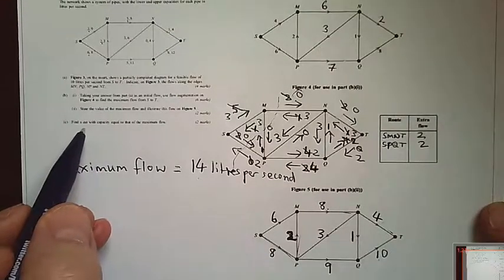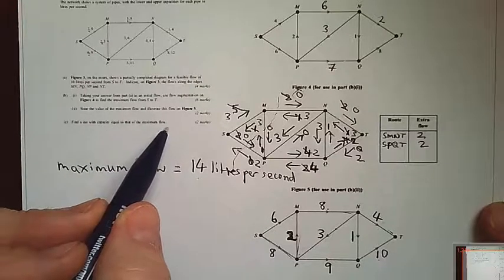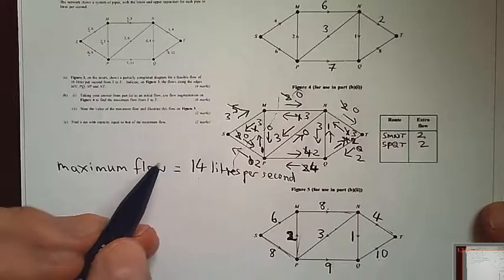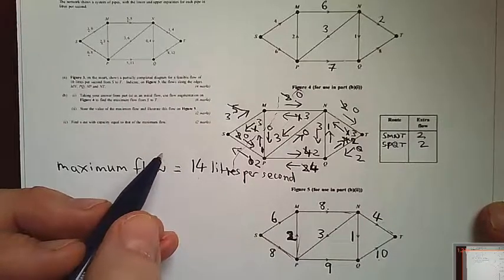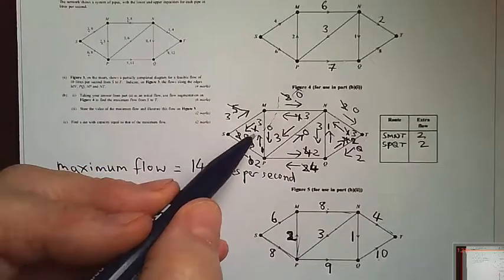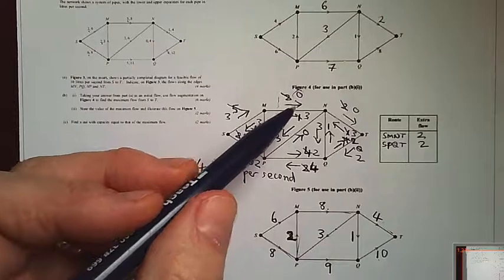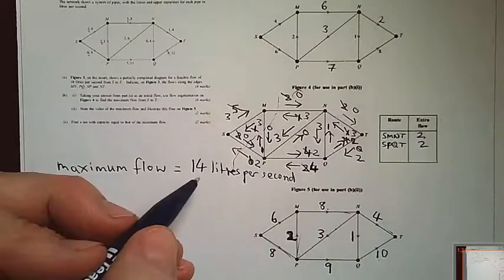Final part of the question, find a cut with capacity equal to that of the maximum flow. So for the final bit we need to try and find a cut that goes through the network that separates source from sink that corresponds to the flow that we found of 14.